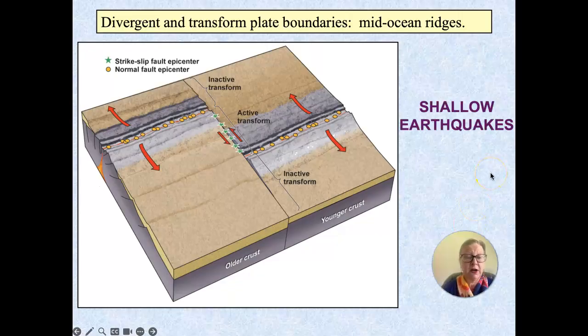So here we have primarily shallow earthquakes, because you can't have earthquakes that are not in the lithosphere. We have our divergent zone here, so we're going to have normal faults there, and same with this over here, right? We have tensional stress going on in these areas. And then where we have this transform fault, we have shear stress. And remember, these inactive areas out here are sometimes called fracture zones.